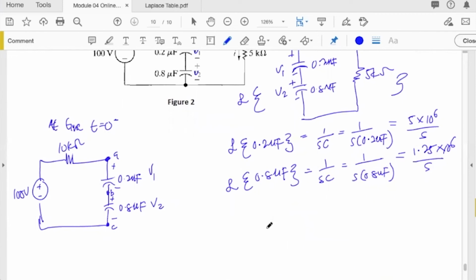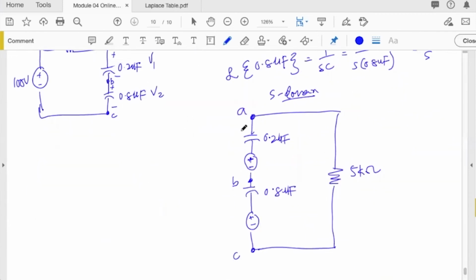So it will look like this in S domain, where your capacitor can be represented with 0.2 microfarad and its initial value. And for the second capacitor, you have 0.8 microfarad with its initial value.